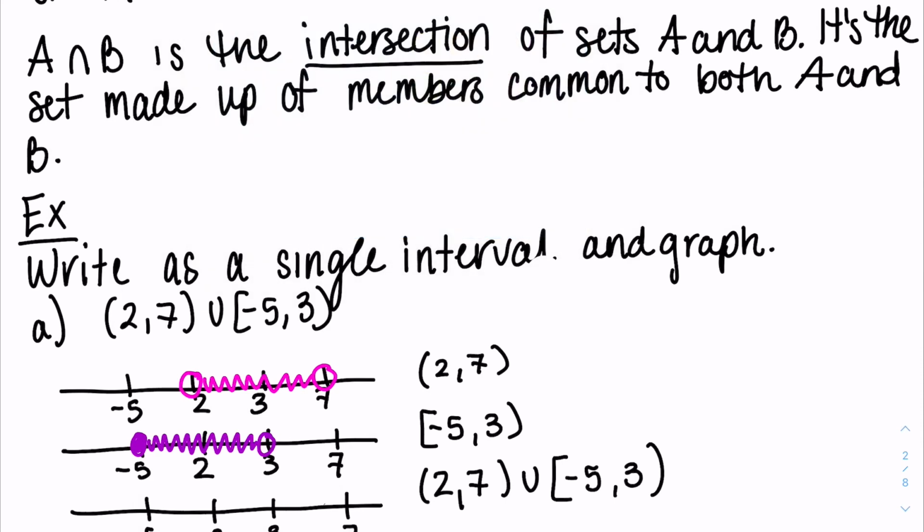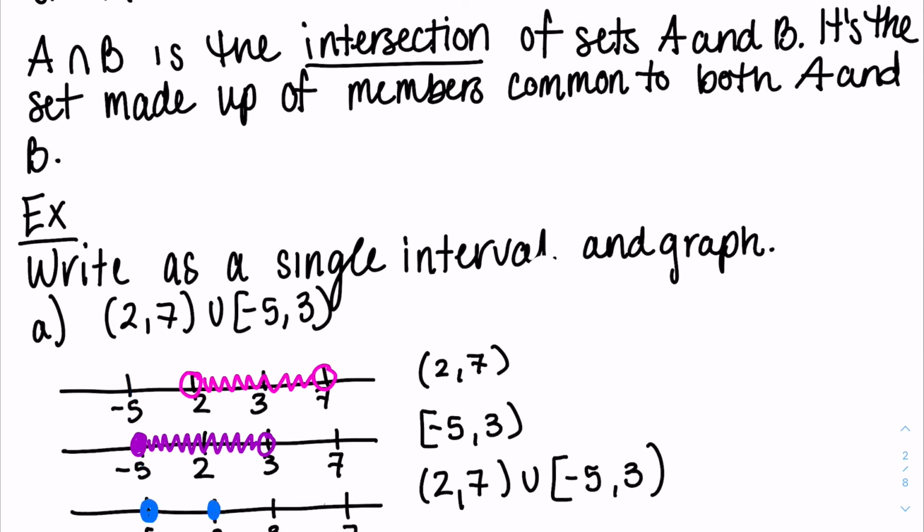Now for the union, as long as it's in one of these two, it's in the union. So if we look down, nothing is over here, so I can't have that in my union. If I look down at -5, that's in this one, so it's going to be in my union.